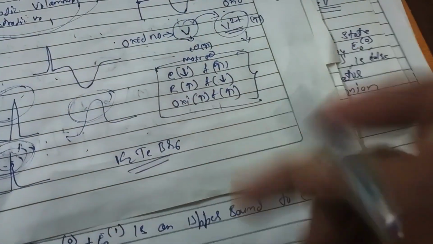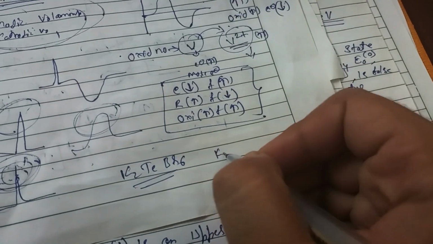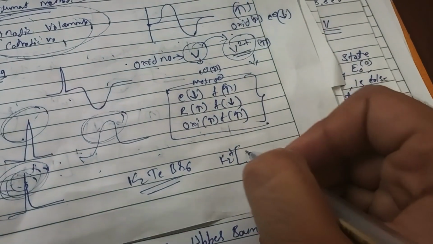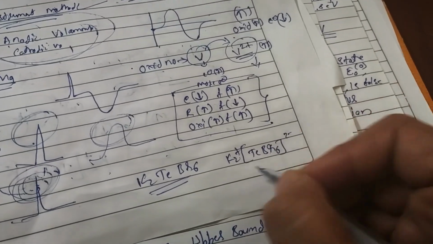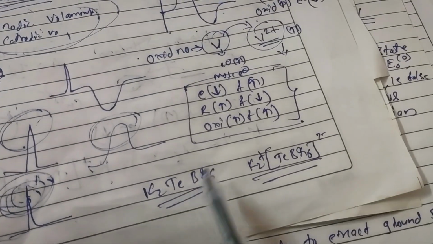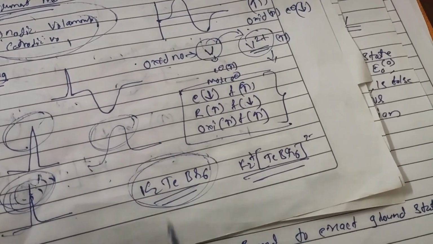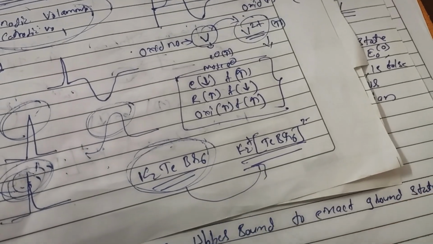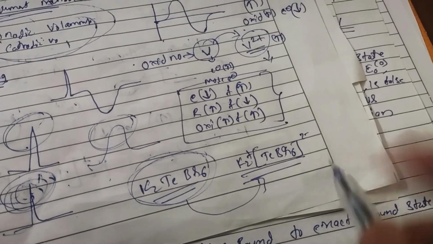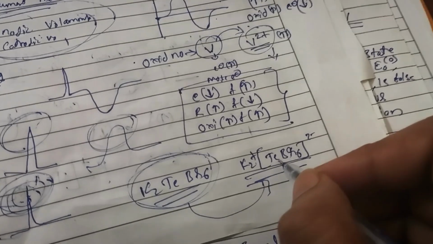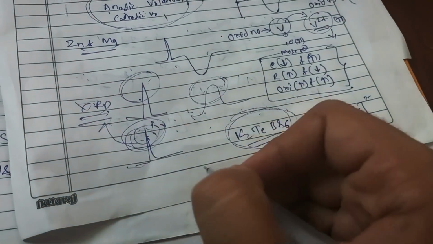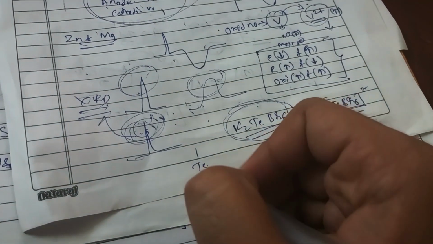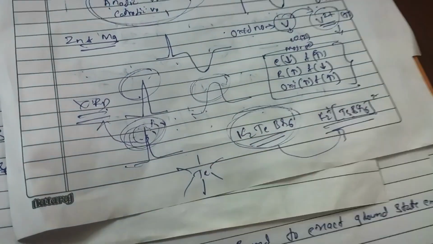For this we write 2 K plus and TeBr6 2 minus. Whenever they give this type of molecule, we have to convert it like this. You can easily identify that this is an octahedral shape, meaning 6 bromine atoms are connected to Te: 1, 2, 3, 4, 5, 6.